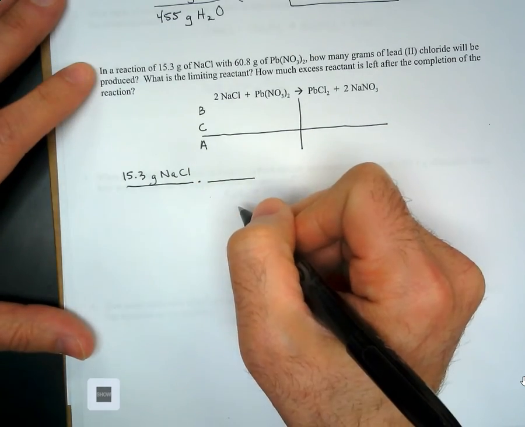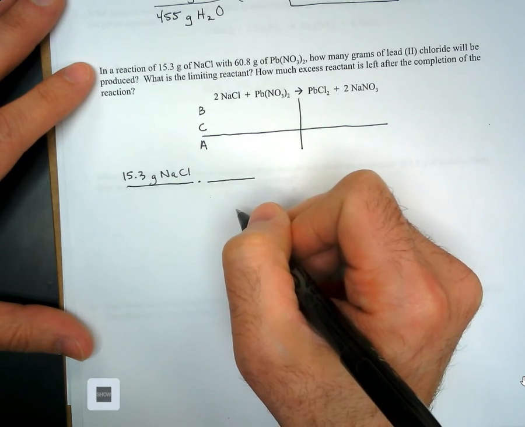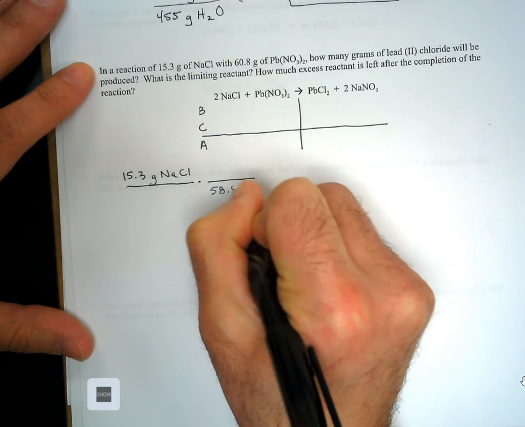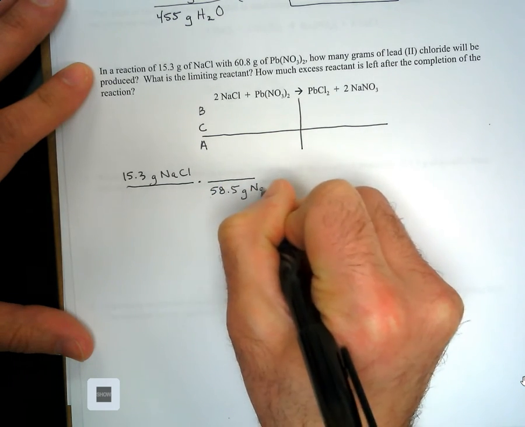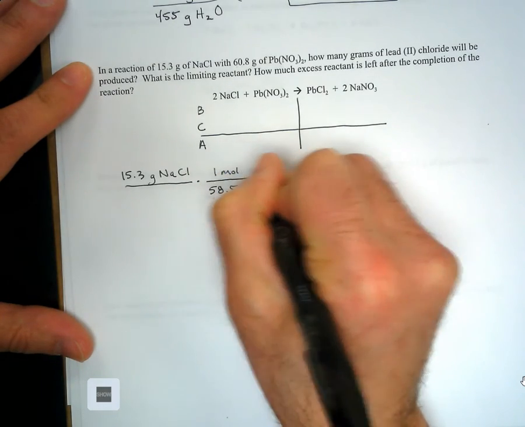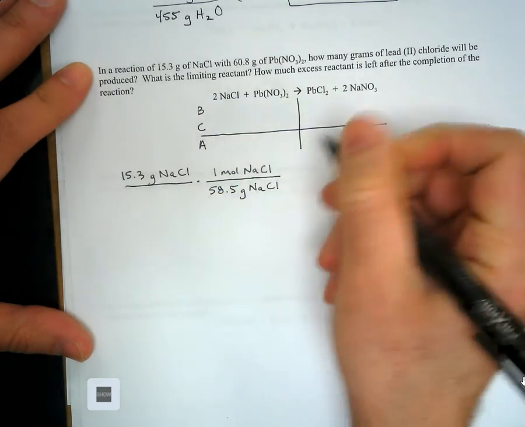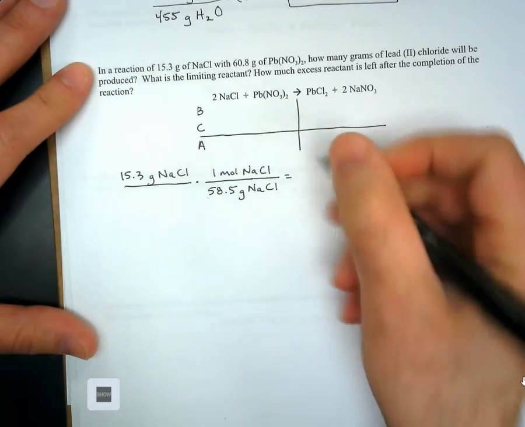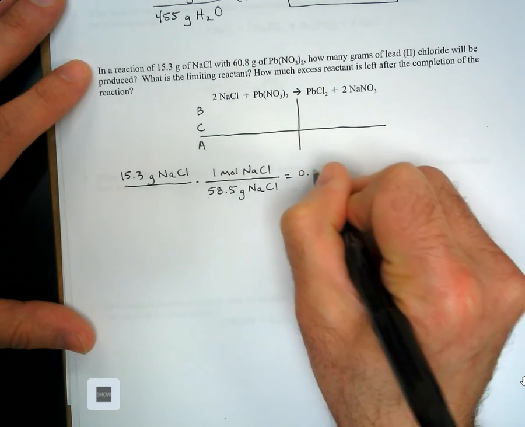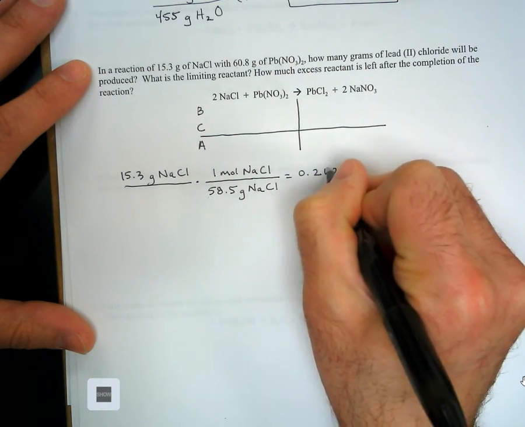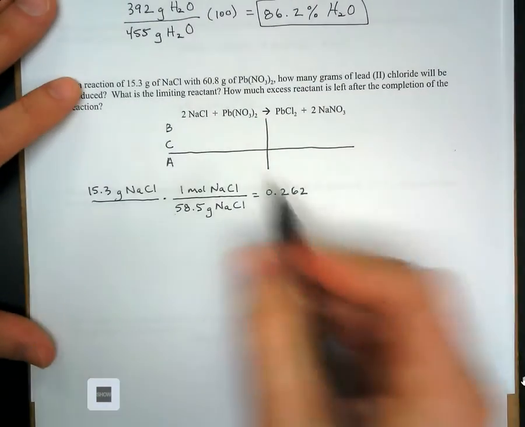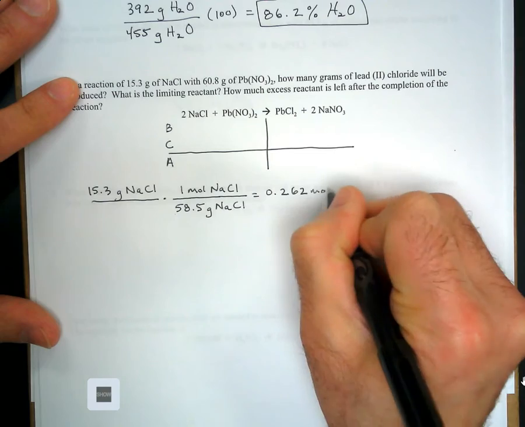The grams for the NaCl is 58.5 for 1 mole. And this comes out to be 0.262. We want to take this number to at least as many significant figures as we start with here, so we don't want to round it too early. Moles of NaCl.